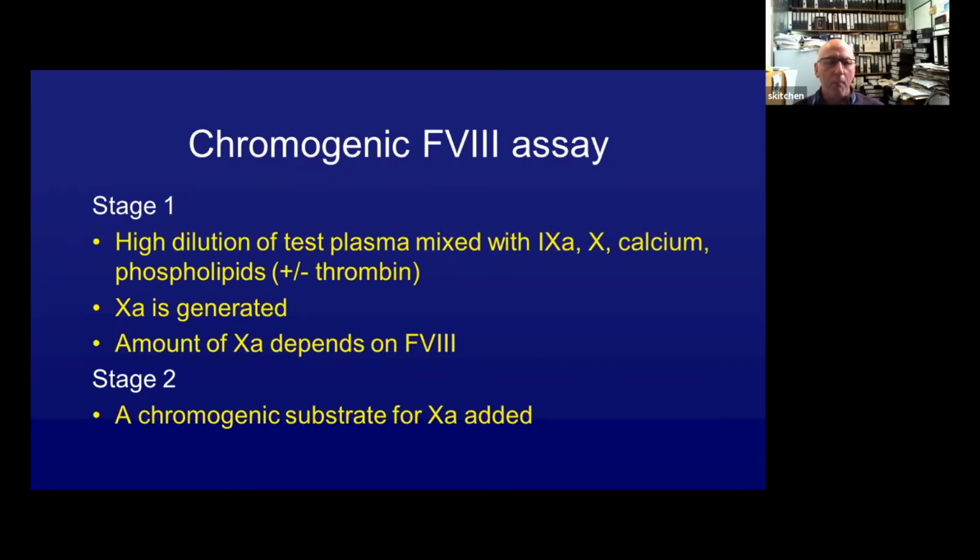Some kits use thrombin, others use prothrombin and factor V. But at some point during the assay, thrombin is required. We get full activation of factor VIII. We have an incubation period during which 10A is generated, and then we determine the concentration using a color change reaction, a chromogenic substrate, a chromogenic reaction.